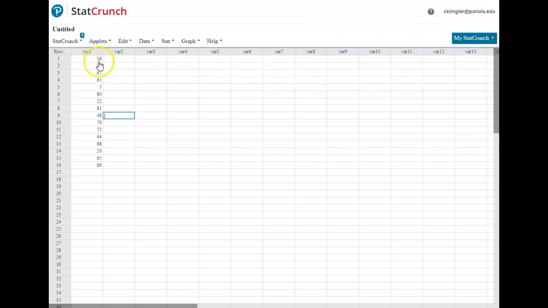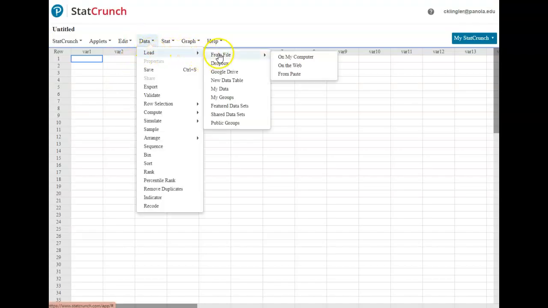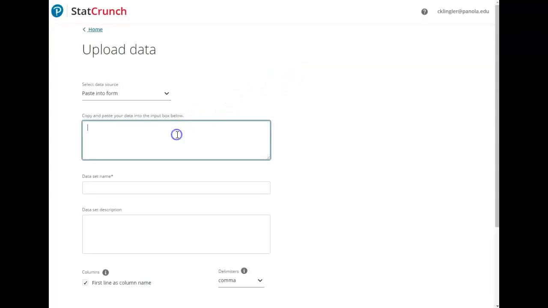Now, if something is messed up, I've had a couple students that, when they go to paste, it pastes it all in the first box instead of in the columns. The workaround to that is if you go to Data, Load, From File, From Paste, you can paste your numbers right in there.